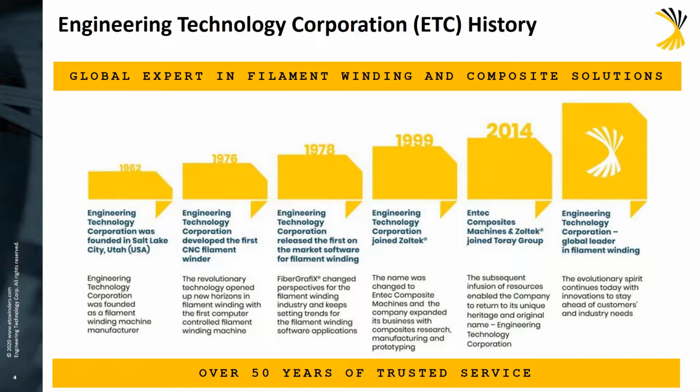We helped pioneer CNC technology within filament winding, and we also helped pioneer pattern generation software for filament winding. In 1999, we were purchased by Zoltek, and they were in turn purchased by Toray Group in 2014. And we're here today as a support and resource for the filament winding industry. And Toray and Zoltek also lend a lot of expertise and resources to our company.